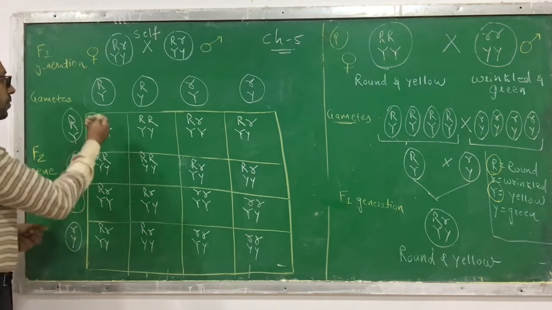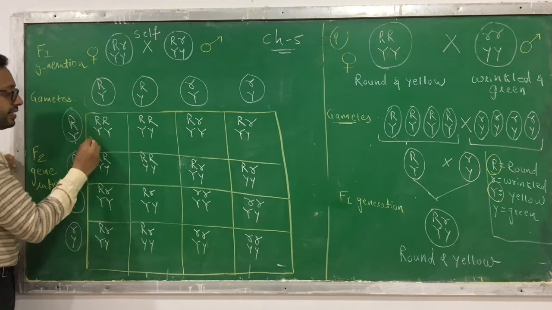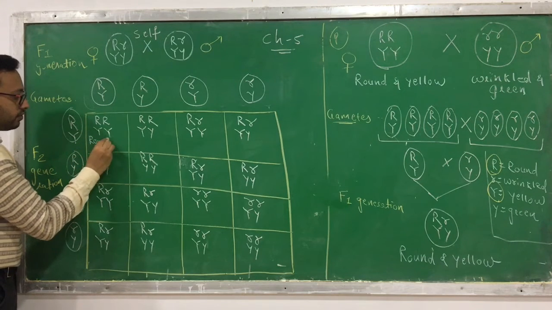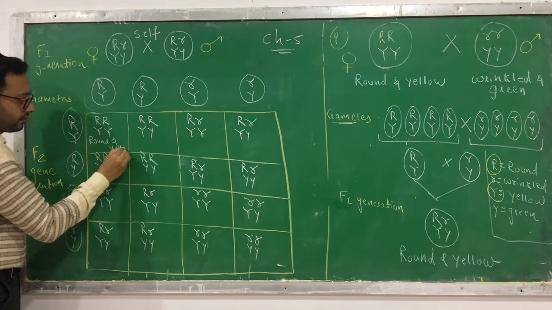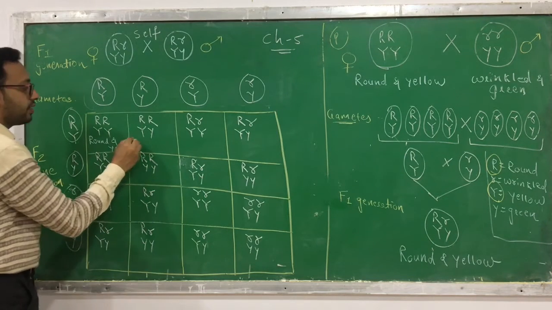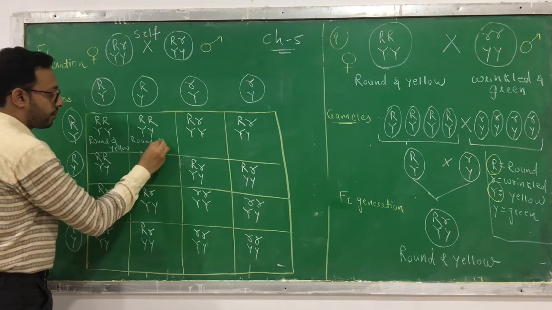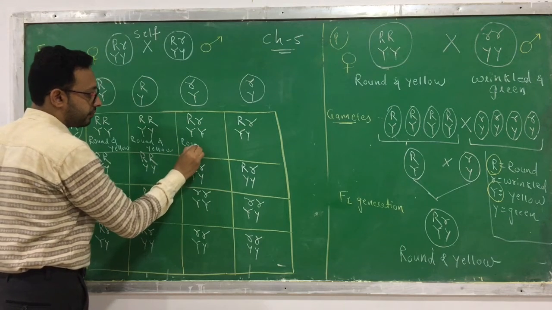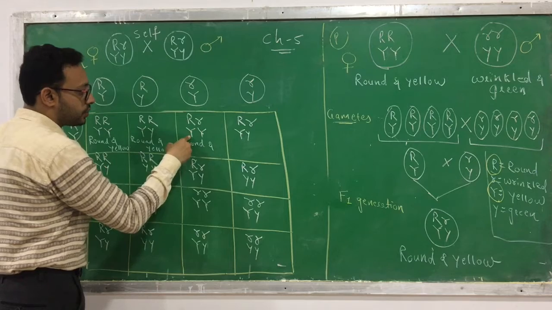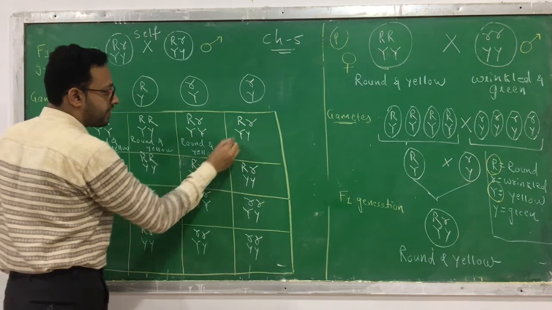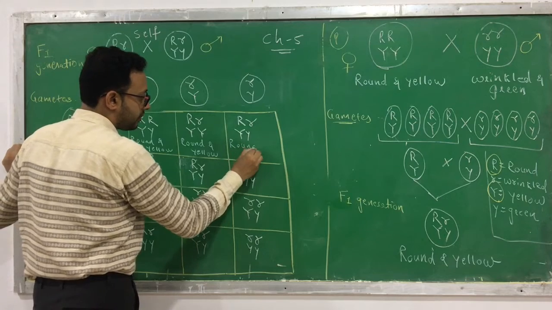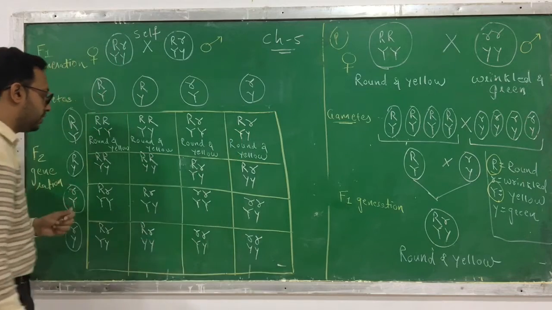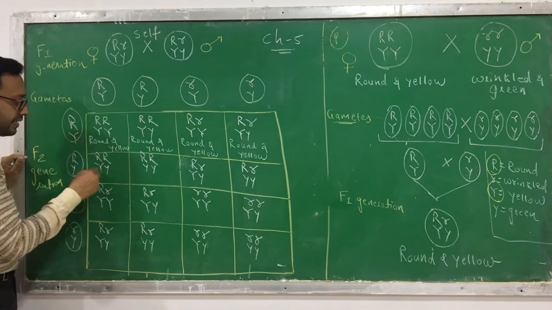Now write down what is its phenotype. See, this is round and yellow, so I am writing over here, round and yellow. Okay, this is also again round and yellow. This one is round and yellow, because here it's round and this one is yellow. Here also it's round and yellow. Capital R is round, capital Y is yellow. Here you see again round and yellow.